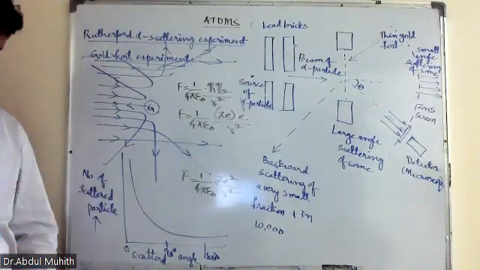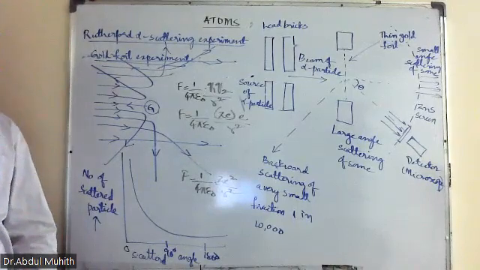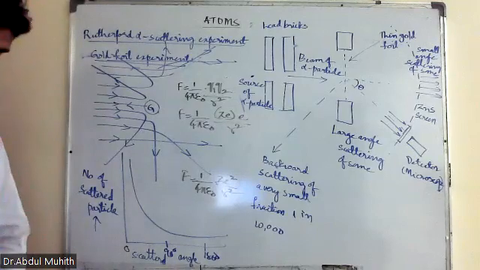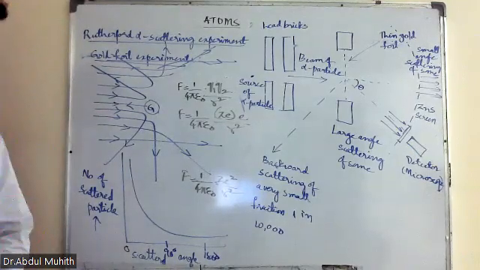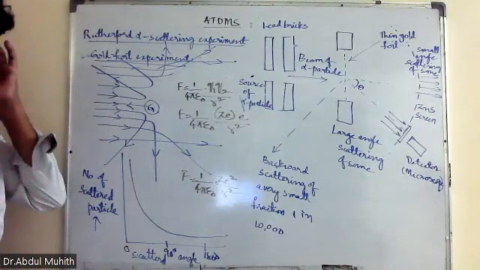After that we have electron orbit. There are three formulas for the electron orbit: the radius, velocity, and energy of the orbit.